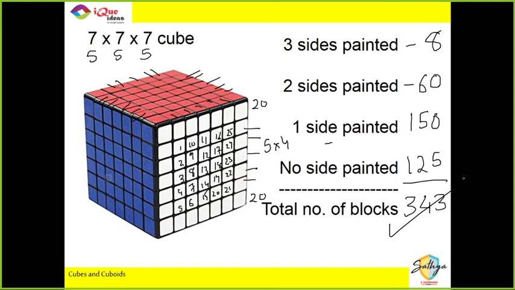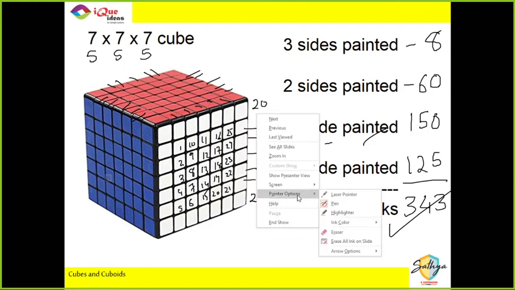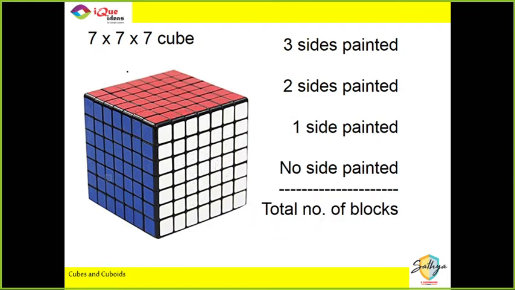Two sides painted. Look at this. Okay guys, if you are getting confused with two sides painted, here's how you look at it. What is the size of the complete top layer? Can you say the complete top layer is 7 by 7? The single top face is 7 by 7. So eliminating 1 from both the sides, it becomes a 5 by 5 square. Remove one full side, remove one full layer, and in the middle a 5 by 5 square remains.